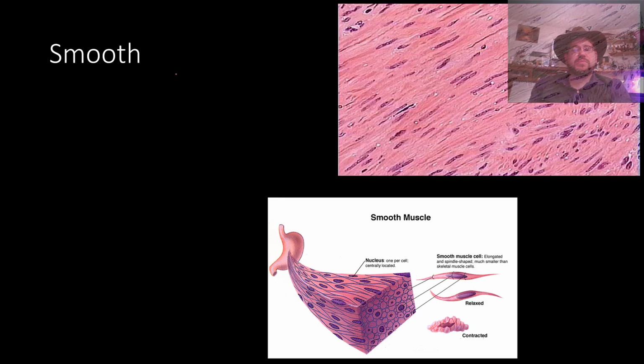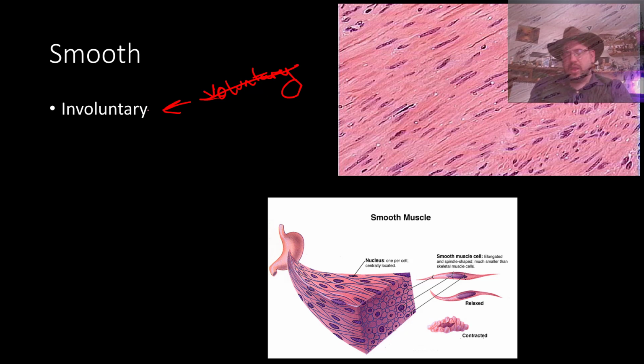Then we have smooth muscle. It is, like I said, not under control. You do not voluntarily control it. Otherwise, you'd have to be like, I'm going to start swallowing. I will continue swallowing. I'm going to swallow all the way to my stomach. Because when you have voluntary control, you're controlling just how much you move a muscle and just how far and everything.